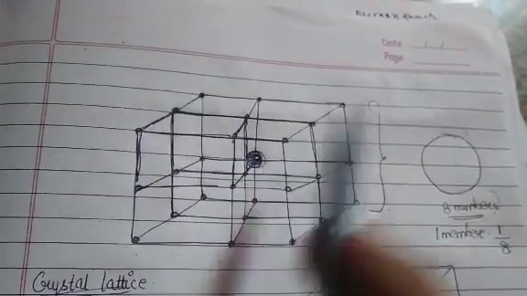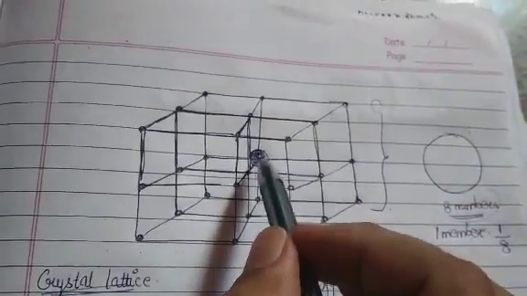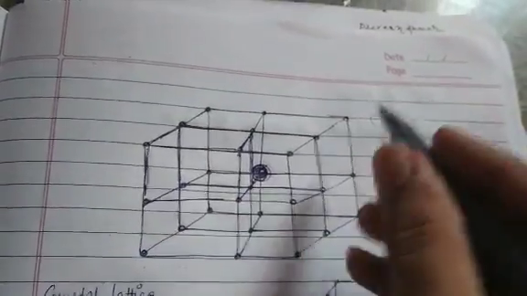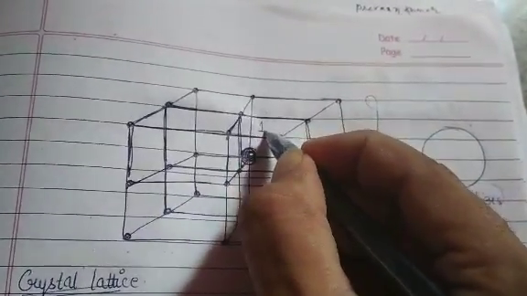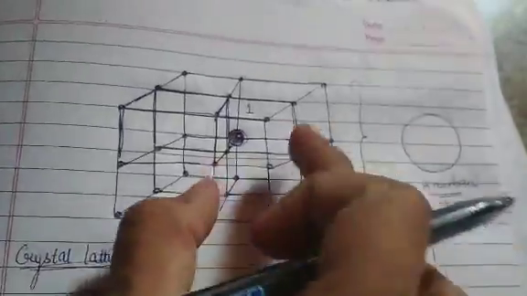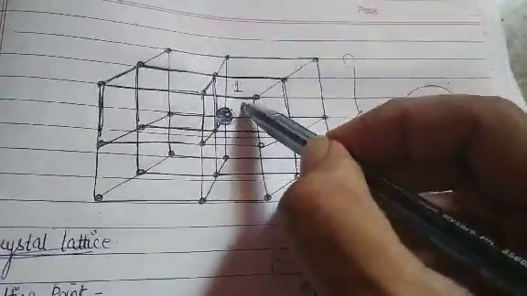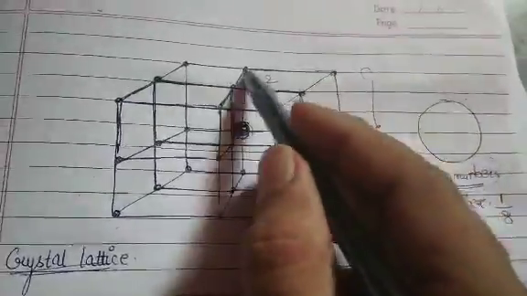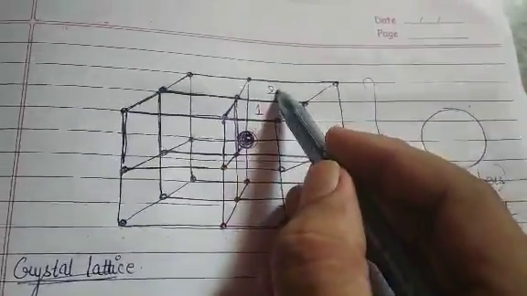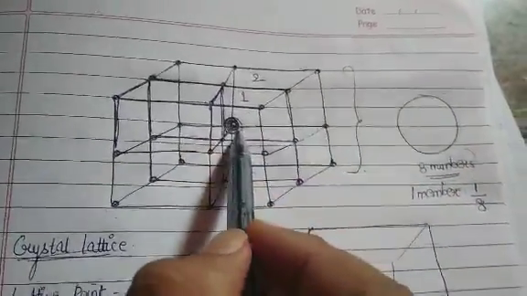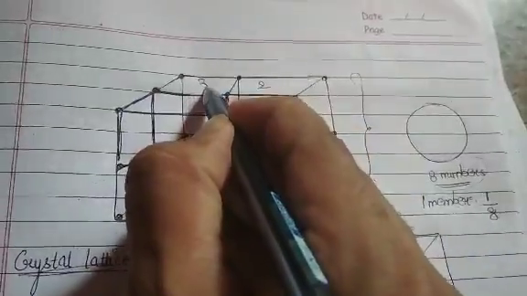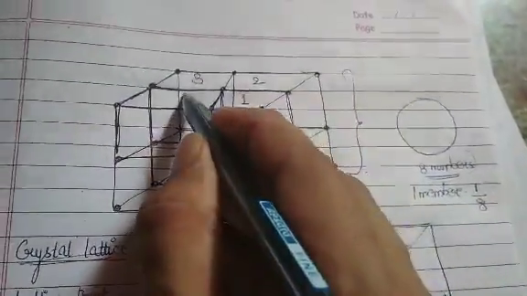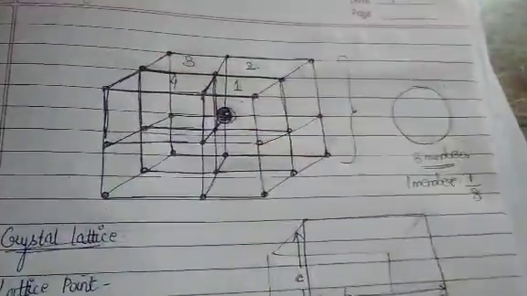This one atom is equally shared by this first unit cell and also the unit cell behind it. You can see this is the line of the second unit cell. Even this atom is also shared with respect to this unit cell, and this unit cell.